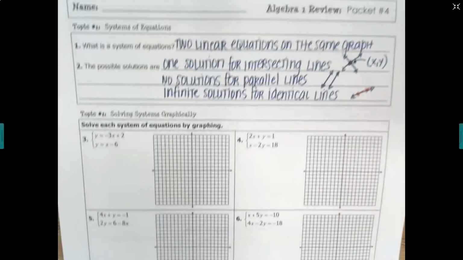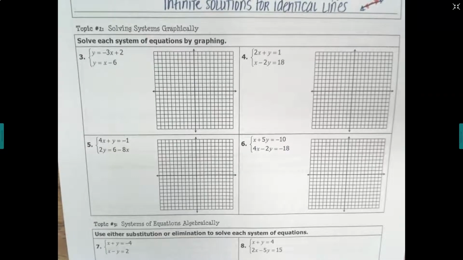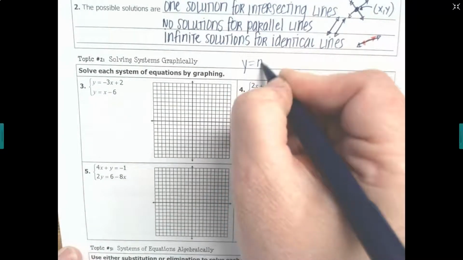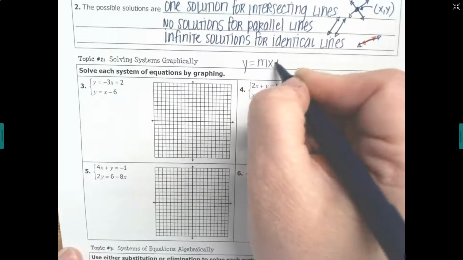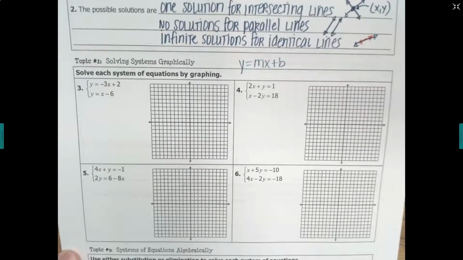Okay, so we can solve these by graphing. I want to remind you that when you graph, you need to have your equation in slope-intercept form. So make sure you rearrange your equation if necessary to y equals mx plus b. We can look at number 4 here.